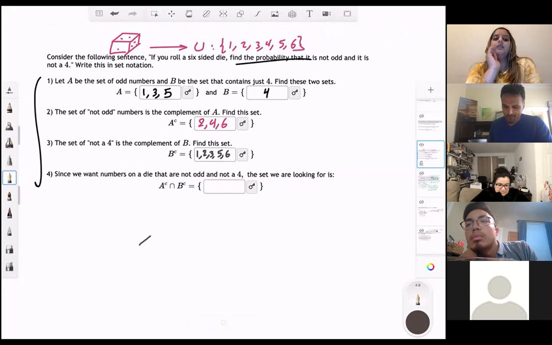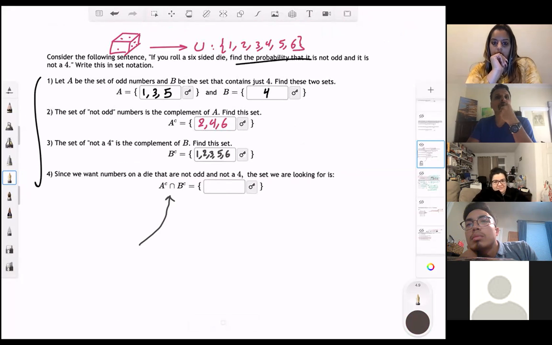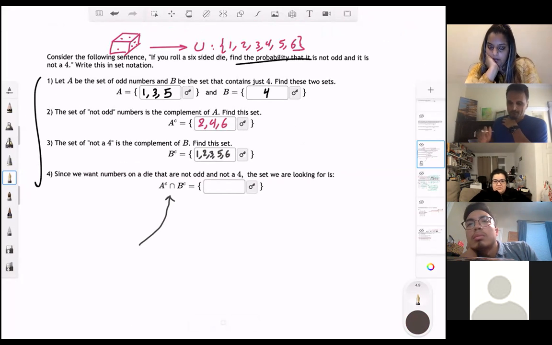Now, what is A complement intersection by B complement? So this is the answer for the probability. What is A complement? It's here. That's the set. What is B complement? That's here.